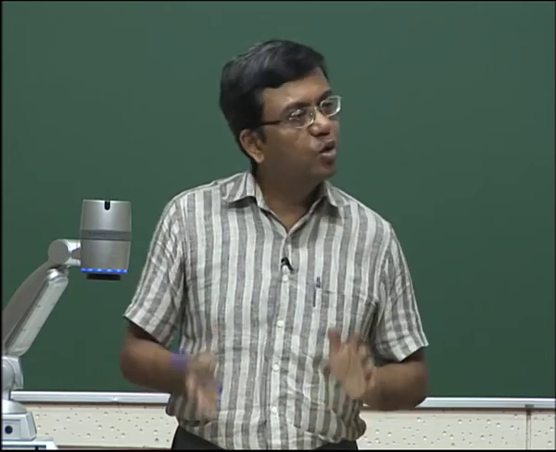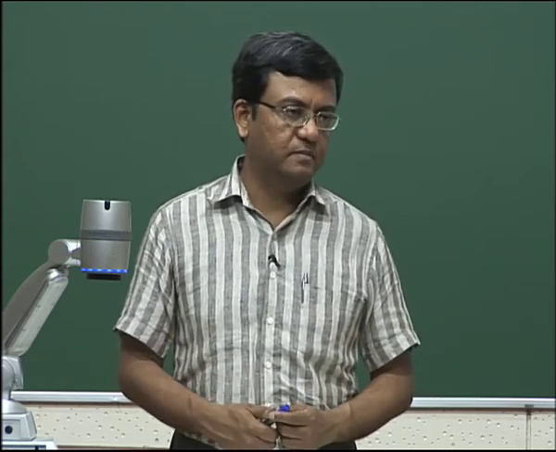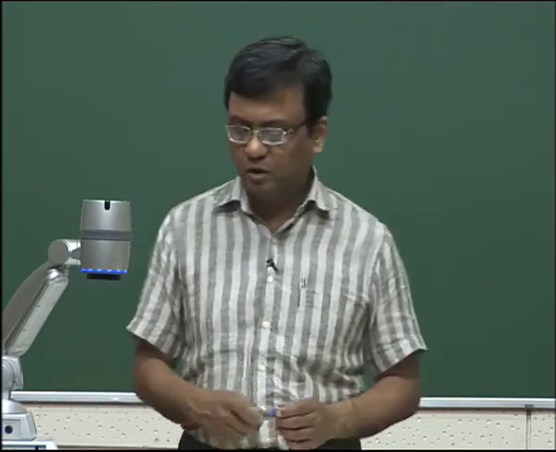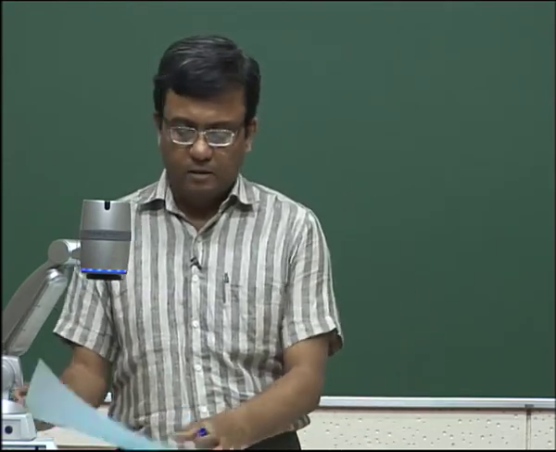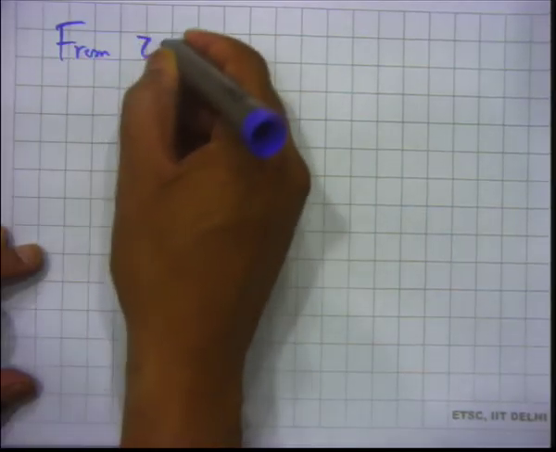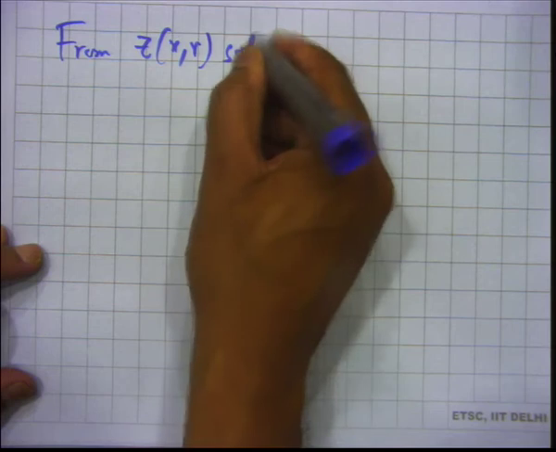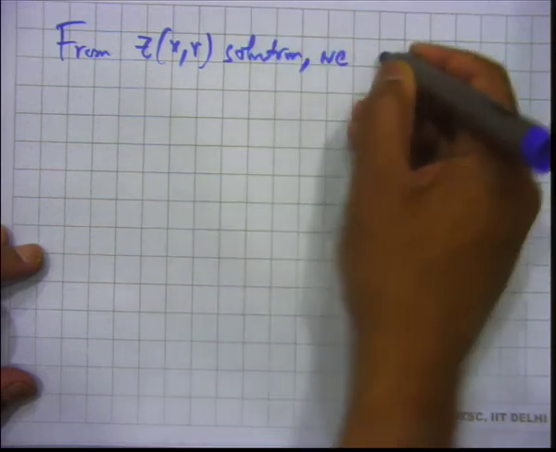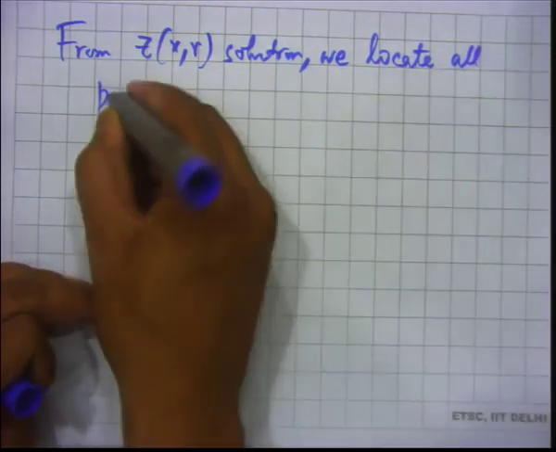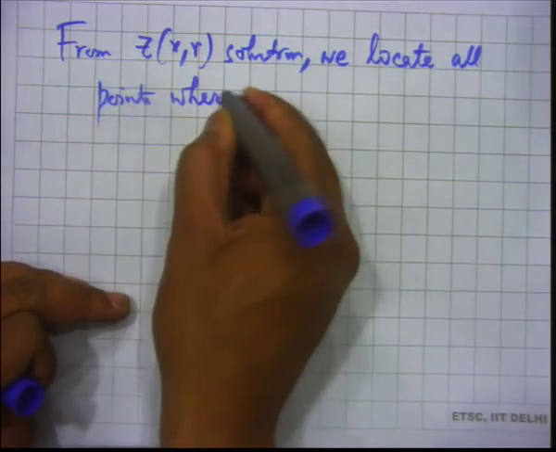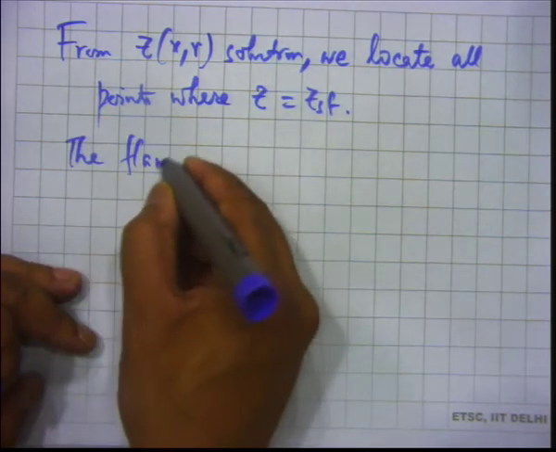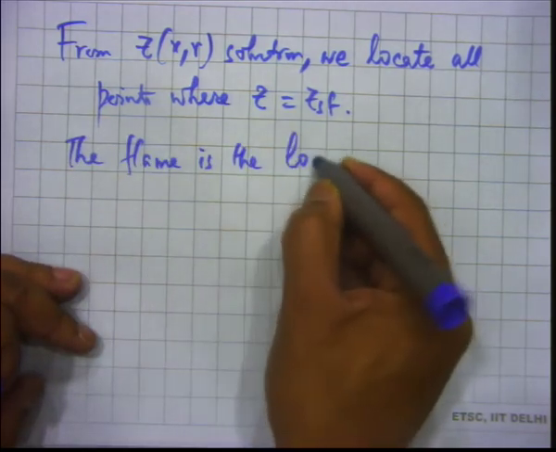So, you now see the locus of points where Z equal to ZST. That would be our flame. Okay. So, that's the procedure that we are talking about. From Z(x, r) solution, we locate all points where Z equal to ZST. The flame is the locus of such points.